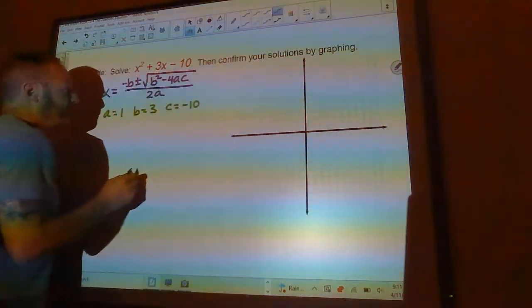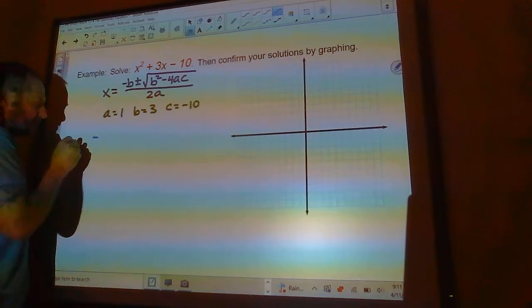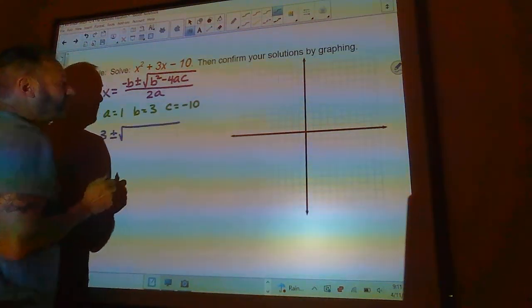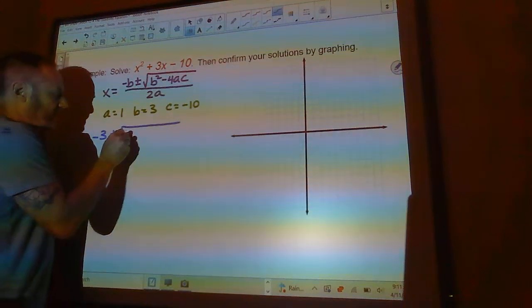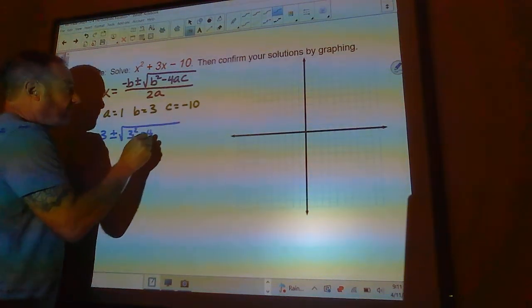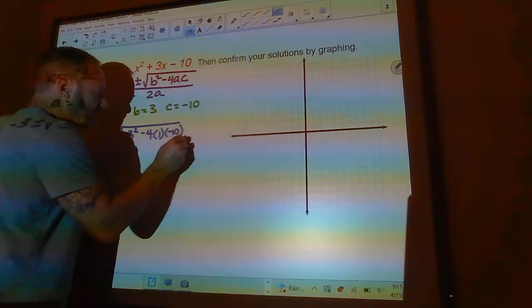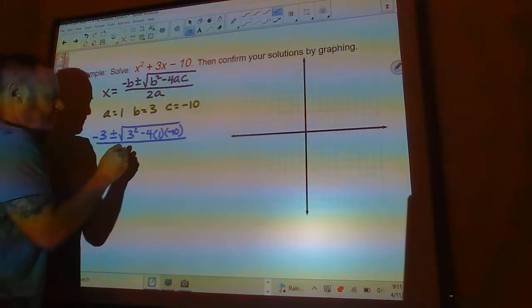Now I'm going to plug it into the formula. So x equals negative 3 plus or minus the square root of 3 squared minus 4 times A times C all over 2A.